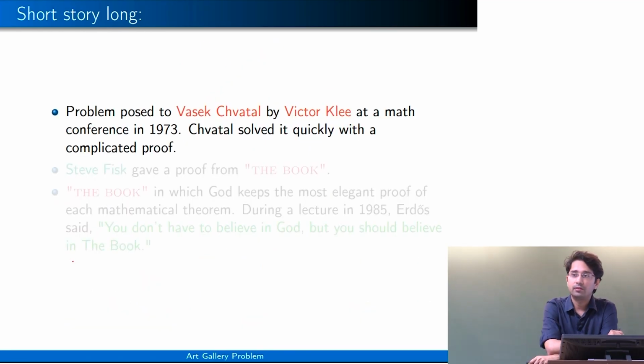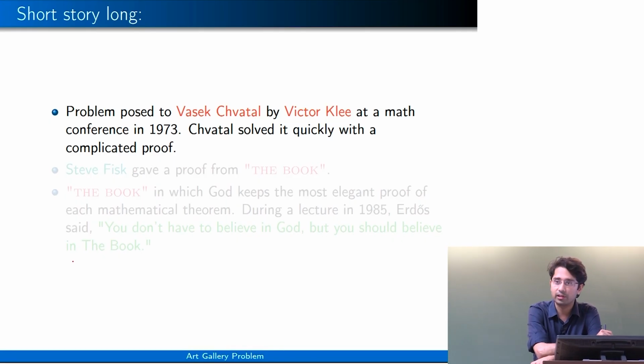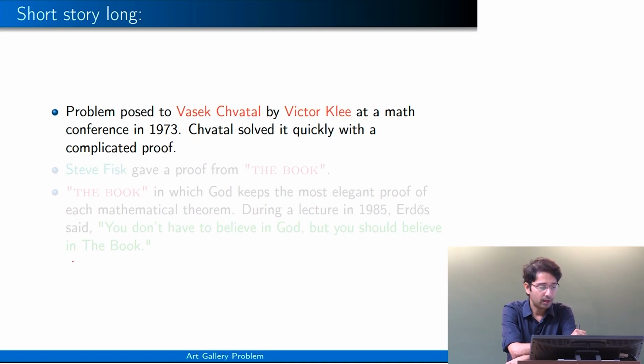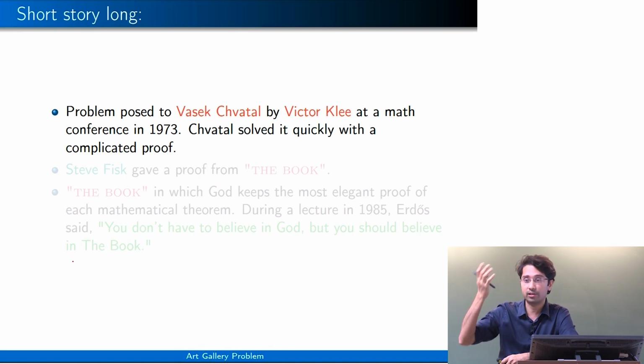I told you that this problem is famous because of the way it has been solved. This problem was first proposed by Victor Klee to Chvátal at a maths conference. It is a puzzle, and they were roaming around, and Victor Klee proposed this problem and asked if he could give a solution. Chvátal gave a complicated solution within a few days.